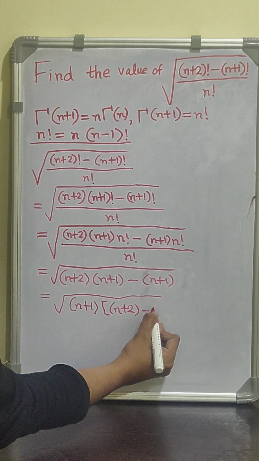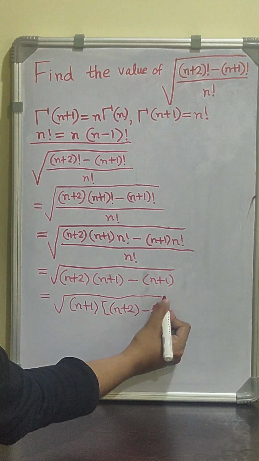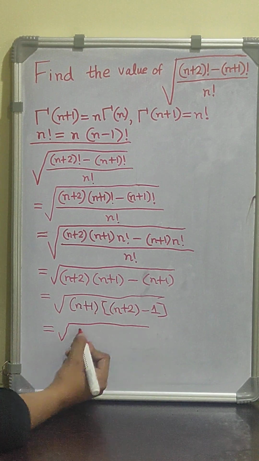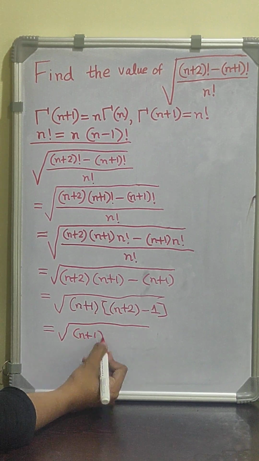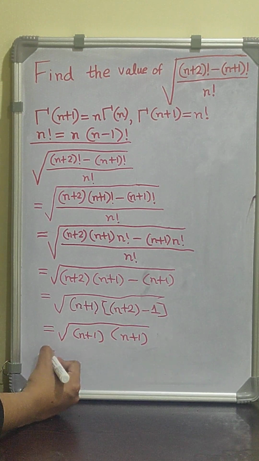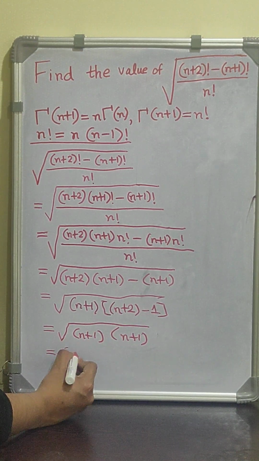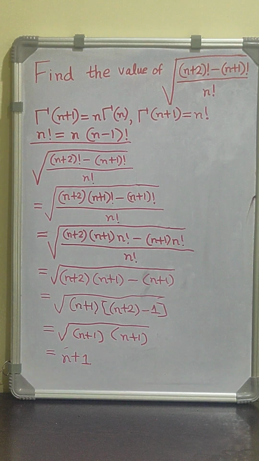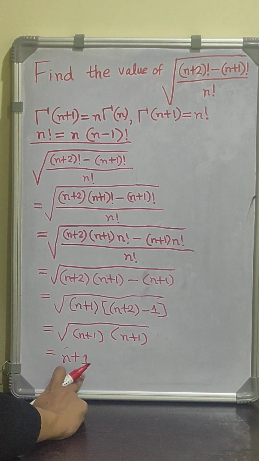You already see where this is going, right? This is just under root (n+1) into (n+1). So that's a perfect square. Perfect. The root comes out to be n+1. So the value of this is this.